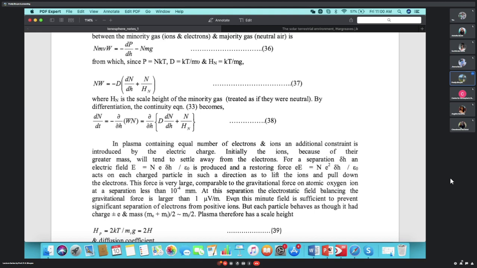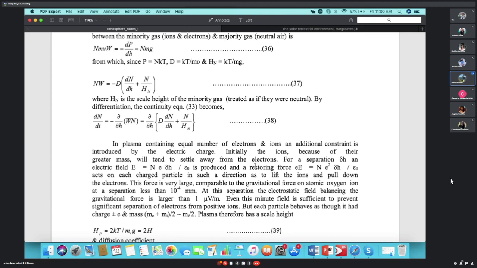So what will happen because of this restoring force? The charge separation is due to the placement of the ions lower than the electrons. Because of the gravitational pull, the ions, because of their mass, have come down and the electrons are slightly above.